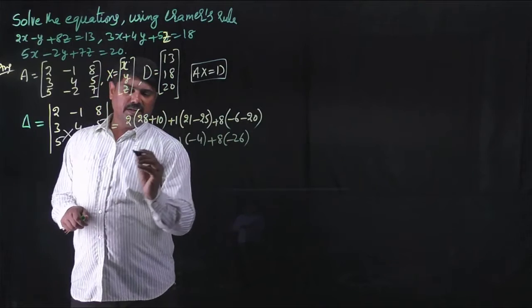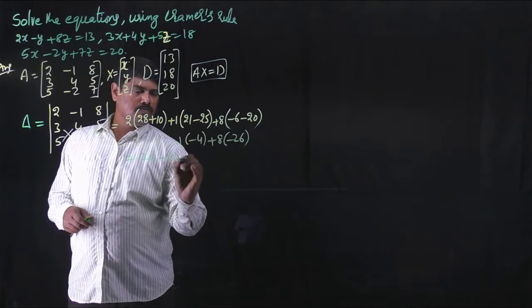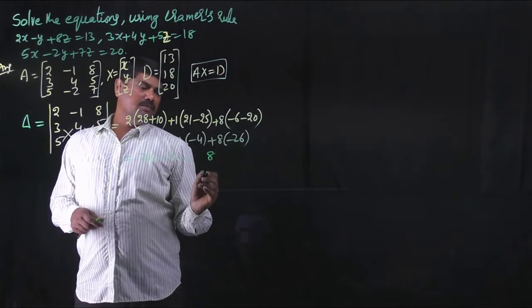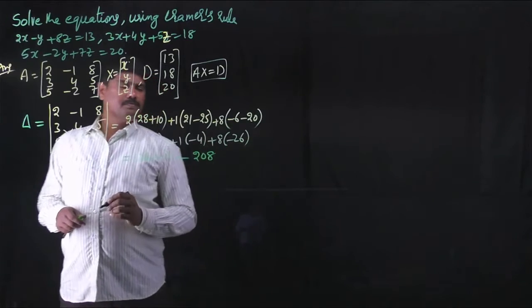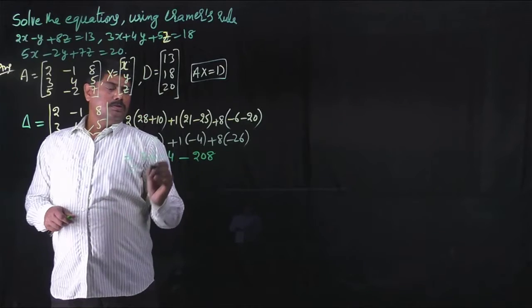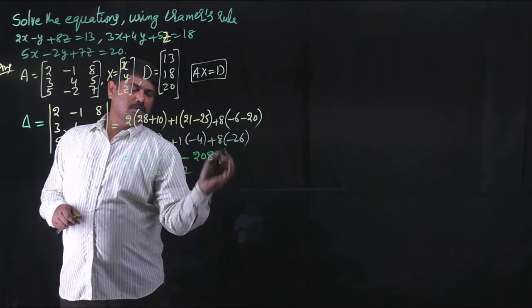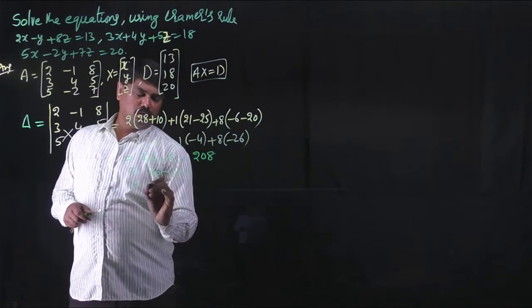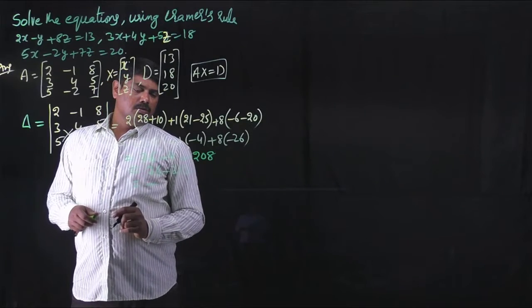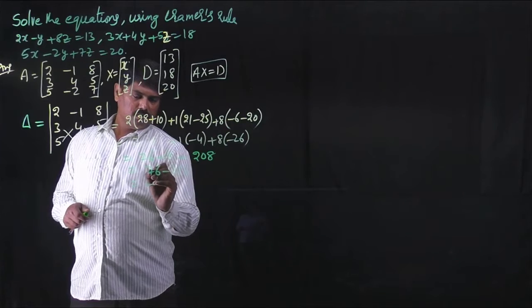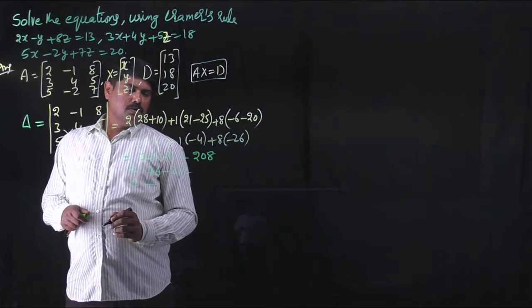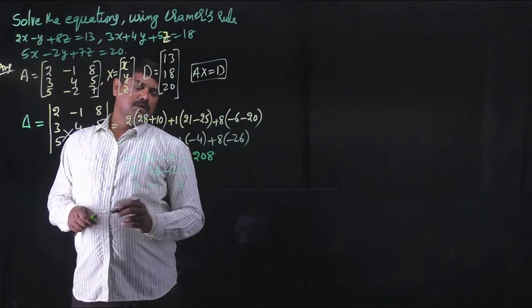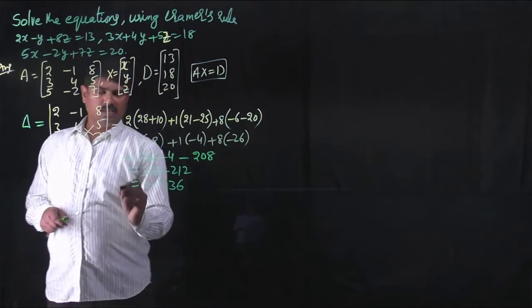So doing simplification, 38 into 2 is 76, minus 4, 8 into -26 is -208. 76 minus 4 minus 208 is minus 136.